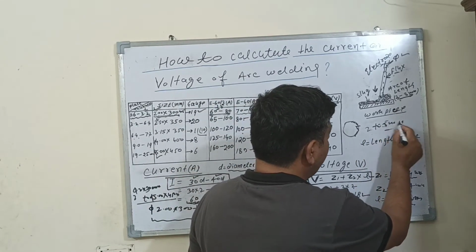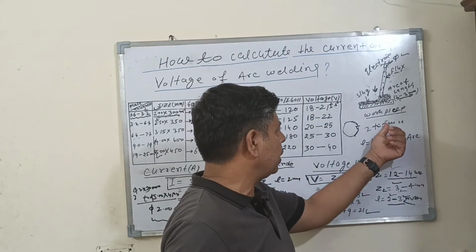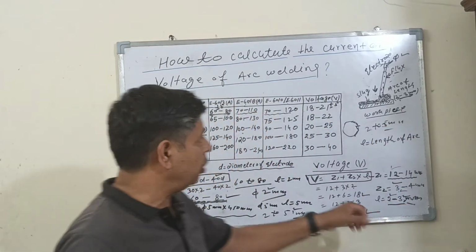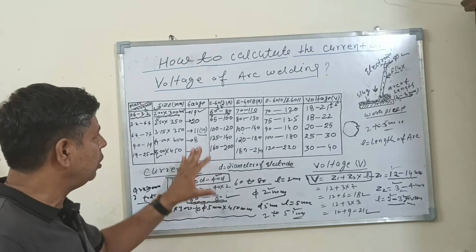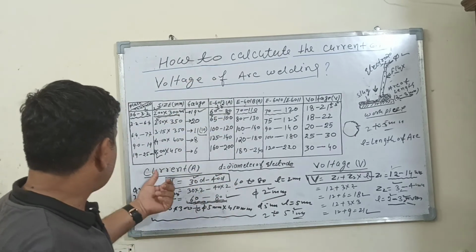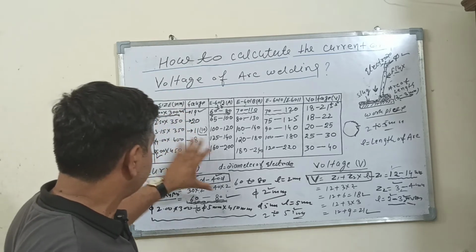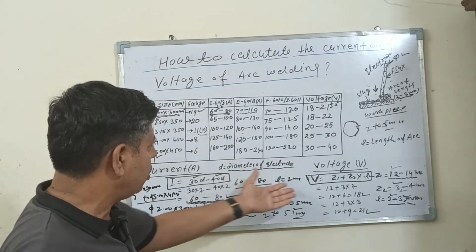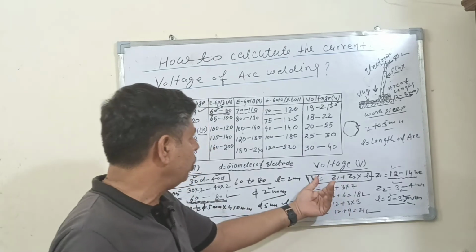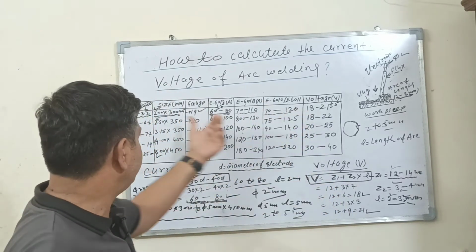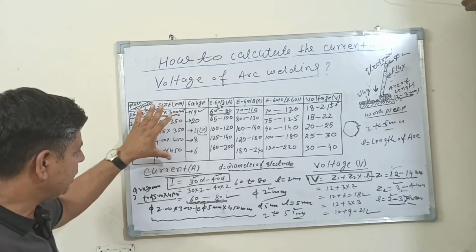Different current formulas are used to calculate the current for different types of electrode, and this formula is used for voltage for different electrode sizes.